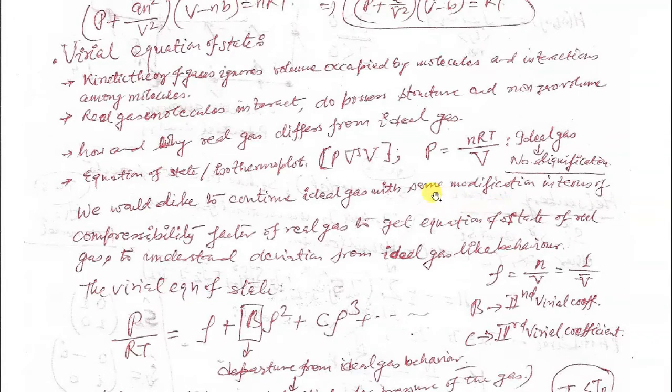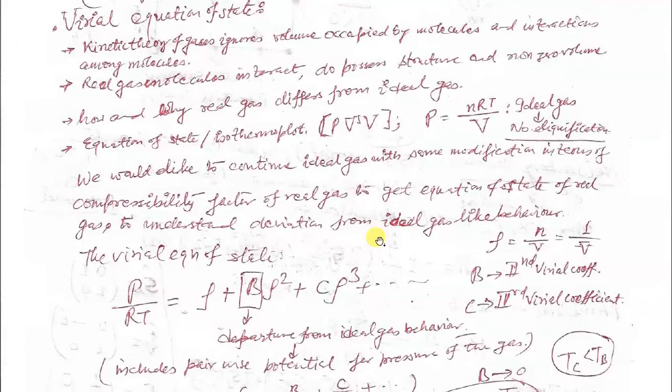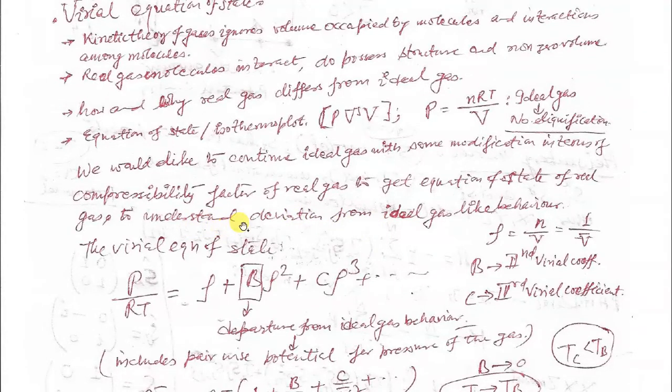This pressure is expressed in terms of the isothermal compressibility factor of the real gas, to get the equation of state of a real gas. The equation can be written as P upon RT equal to rho plus B rho squared plus C rho cubed, and so on.